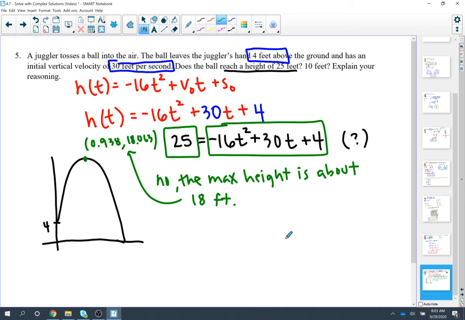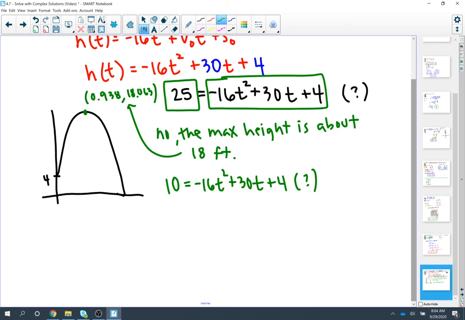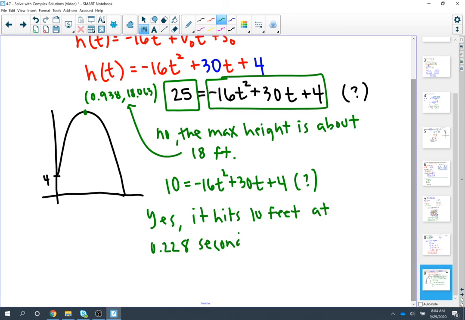So part 2 would be 10 equals negative 16 t squared plus 30t plus 4. And that was our question. And it's yes. It hits 10 feet at 0.228 seconds, and our second one was 1.647 seconds.